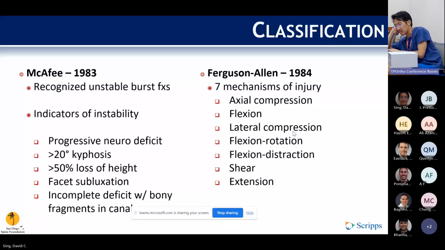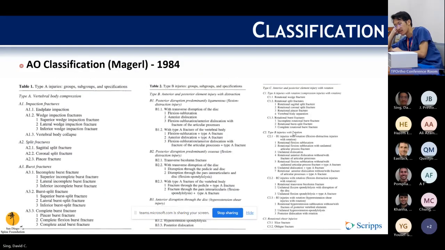These might be cases that are more likely to benefit from operative intervention. And then also looking at the mechanism of injury to get an idea of where the force of the mechanism is, which is what you want to counteract with your construct.